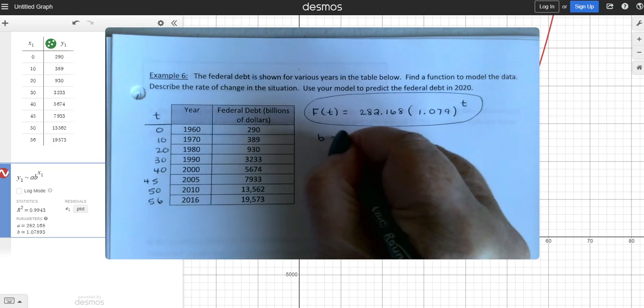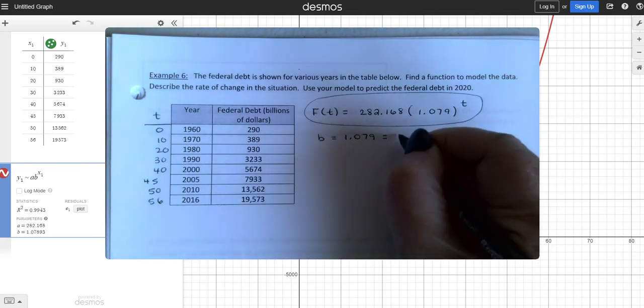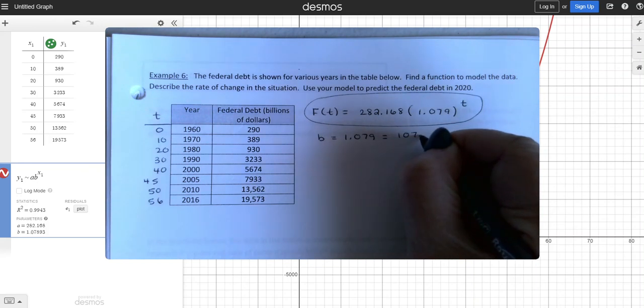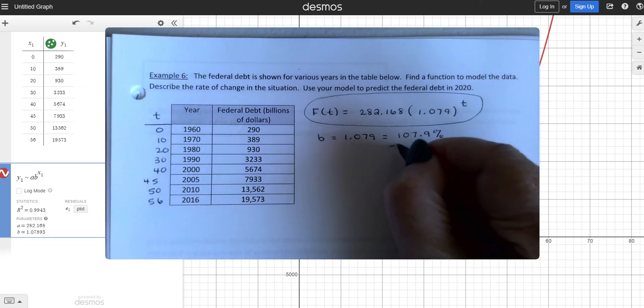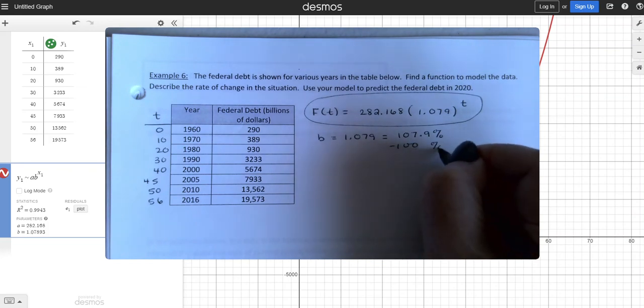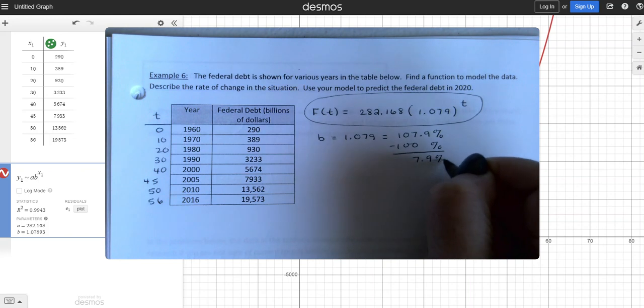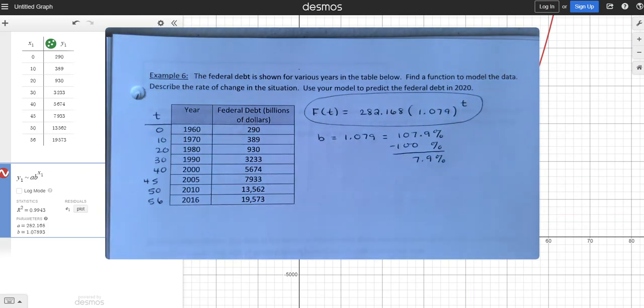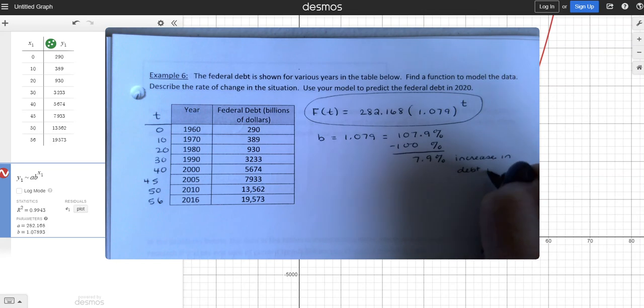I know that the b value is 1.079, which I'll interpret as 107.9%. Subtract the 100% that we started with, and the rate of change, or growth in this case, is 7.9%. That would be the increase in debt per year.